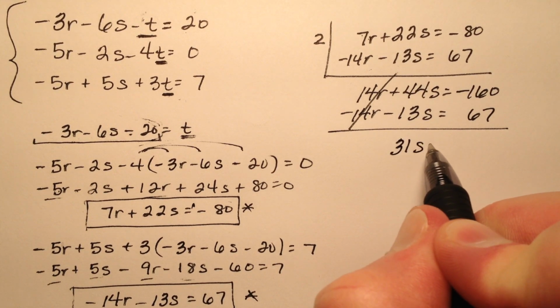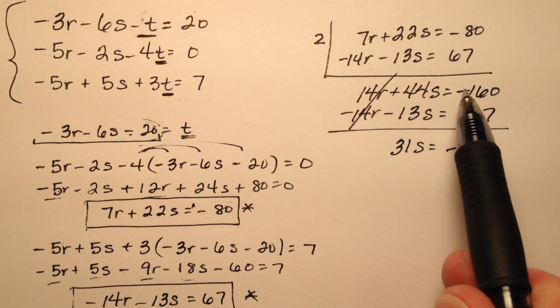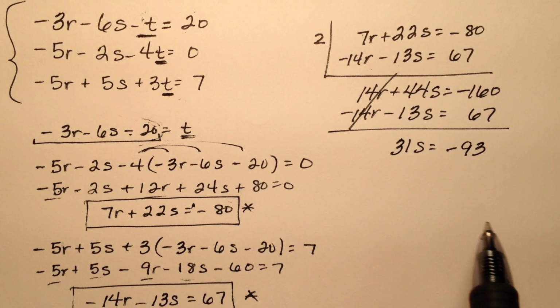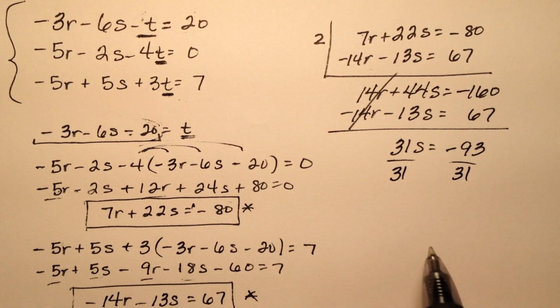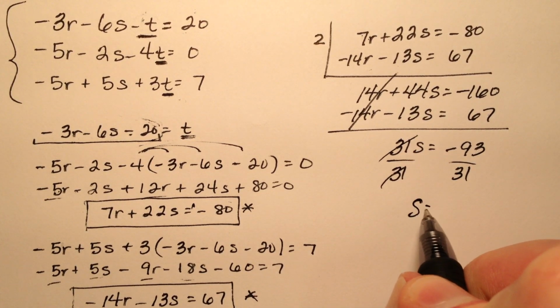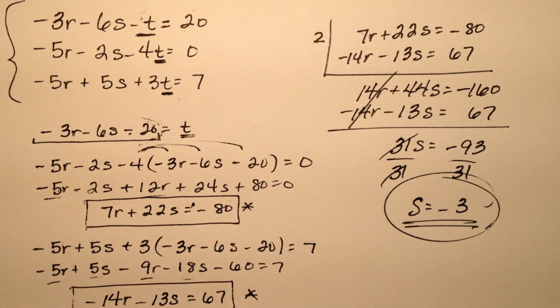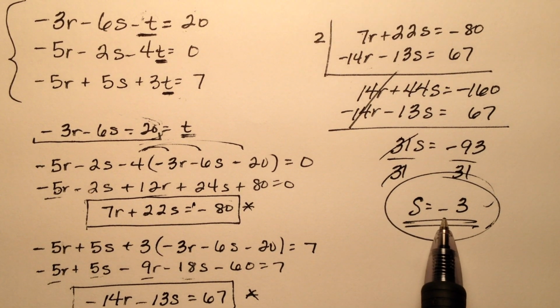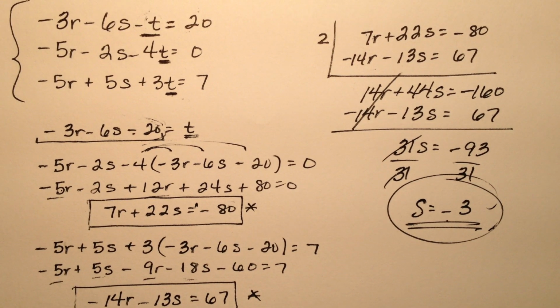So I have 31s equals a negative 93 when I take negative 160 and add 67. So when I divide both sides by 31, s equals negative 3. Okay, so now I have one value for my 3 variables. So I have the s, but I still need the r and the t.